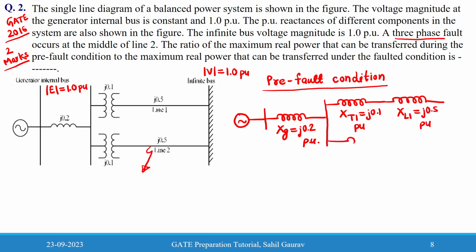Then transformer 2 and the infinite bus. There are two parallel feeders here, and transformer 2 has the same value, j0.1 per unit, and line 2 is j0.5 per unit.